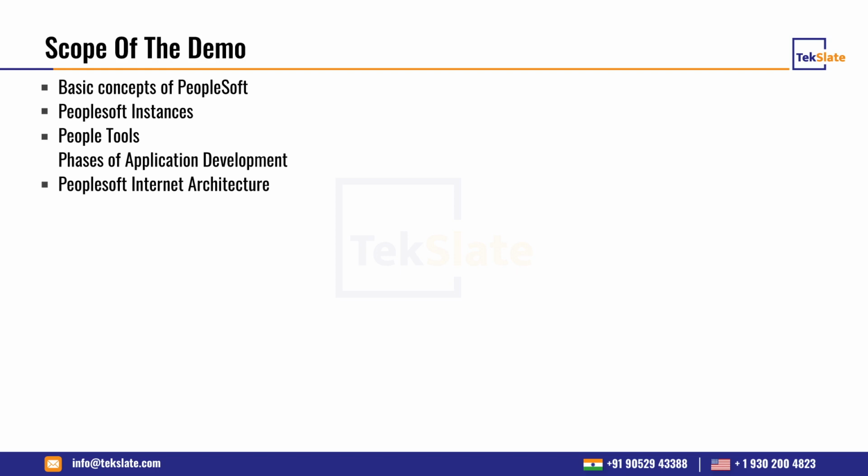Then the application server hits the database using SQL commands, picks the data from the database, and sends it back to the web server, and the web server sends it back to the web browser. That is how you see the results on your PeopleSoft front end page.